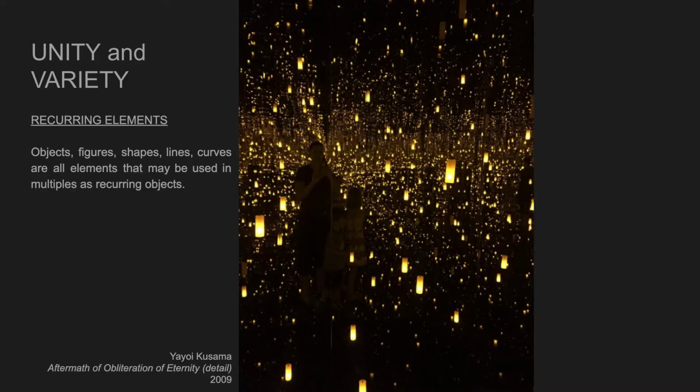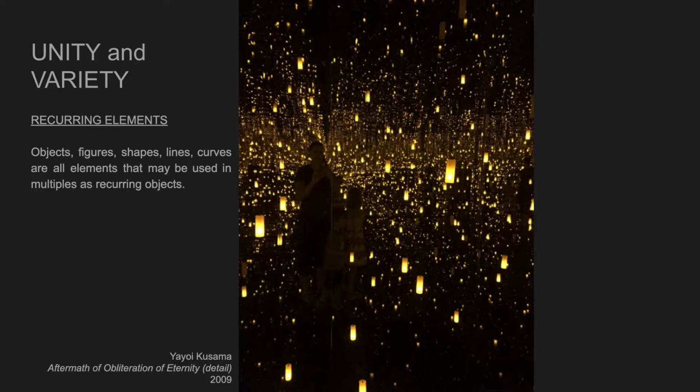So inside this mirror room, there are these lanterns or these little lights that are floating. And because of the infinite reflection, because of all the mirrored walls, you have recurring elements. You have these lights appearing to be everywhere. This is by a very famous artist, Yayoi Kusama, another elderly woman, but she is really hot right now.